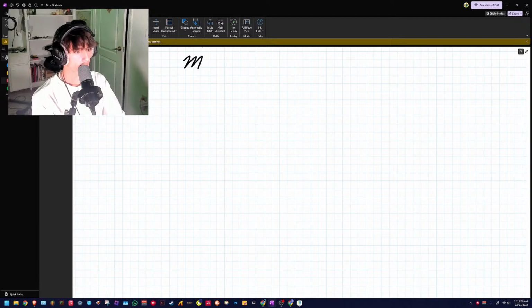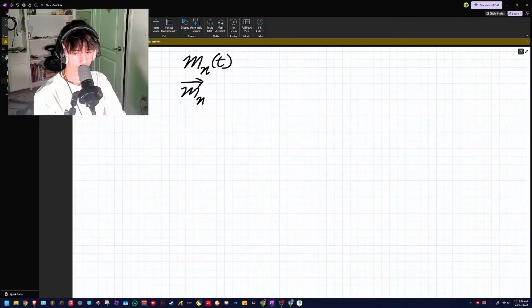So M is your type of motion in the nth dimension, and M is technically a function of t, but it also describes linear motion in one dimension, so we can just rewrite that as vector m of n, right? Because it's motion in the nth dimension.